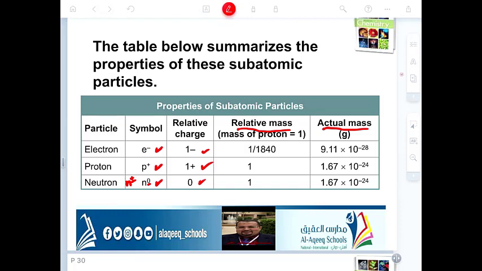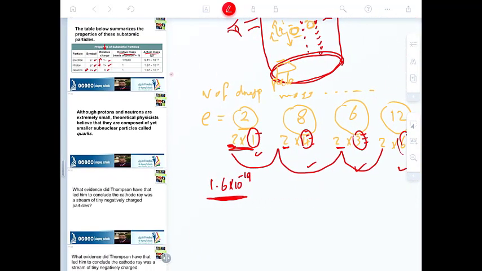The actual charge is different from the relative charge. Relative charge is the charge of the electron relative to the proton: 1 and 1, but one carries negative and the other positive.